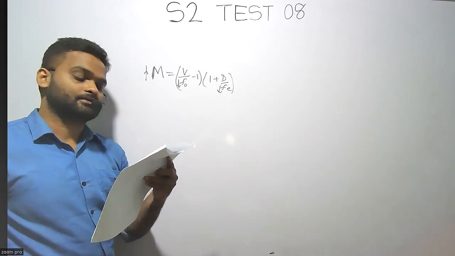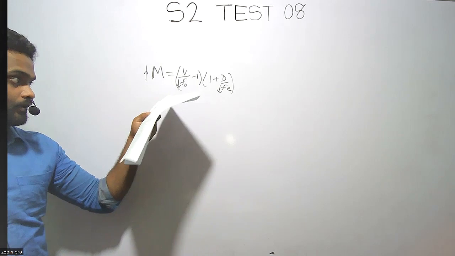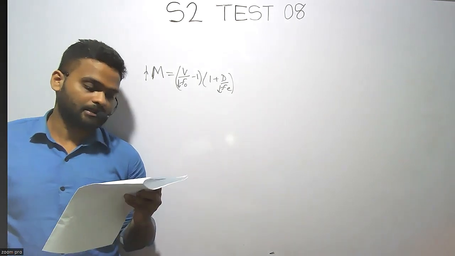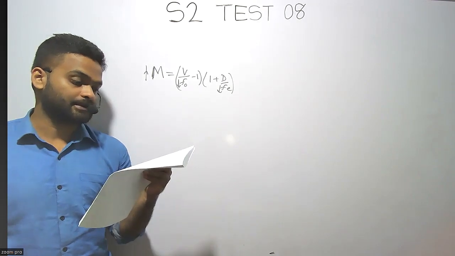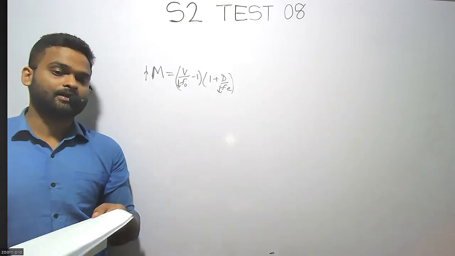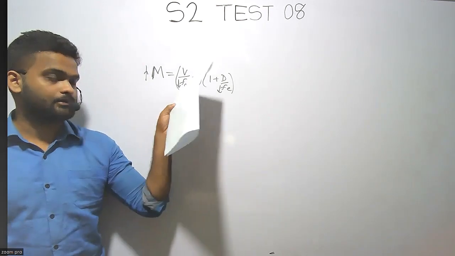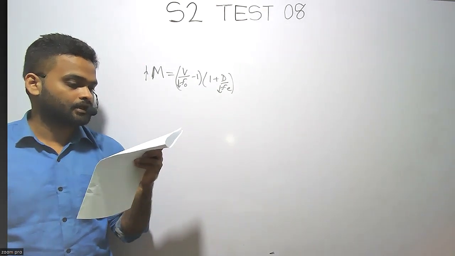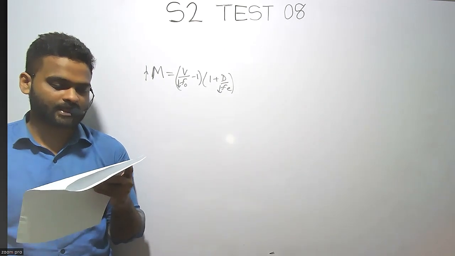So to get an answer for this, if you don't remember the equation, it is a bit hard to get the answer there. So it is better to remember this equation as well. Sometimes they might ask, you don't have time to prove this, right? So it's better to remember this one as well.